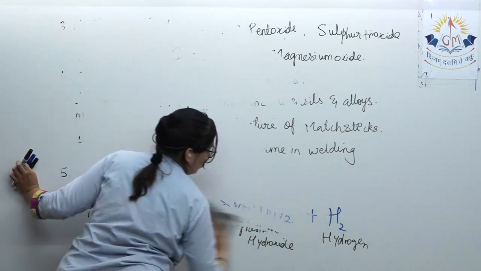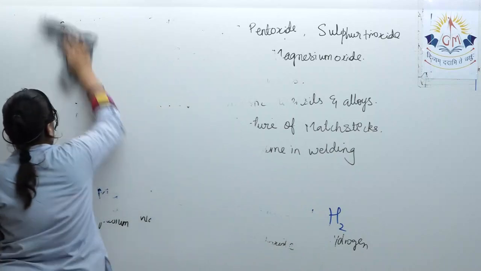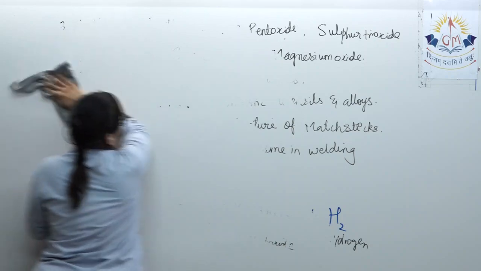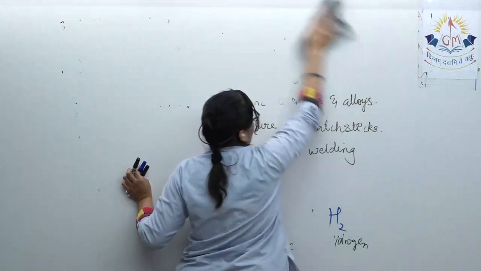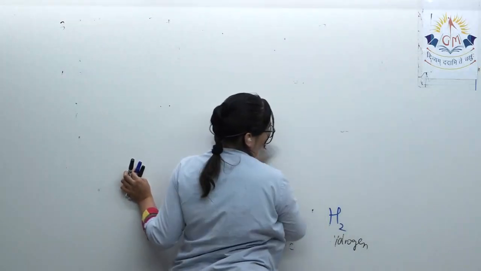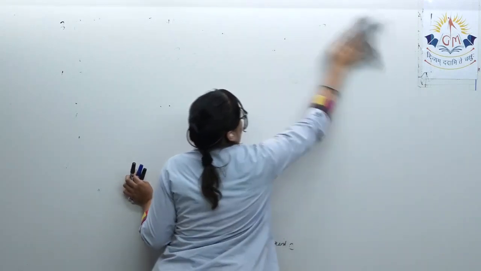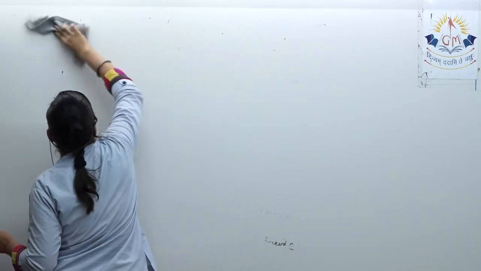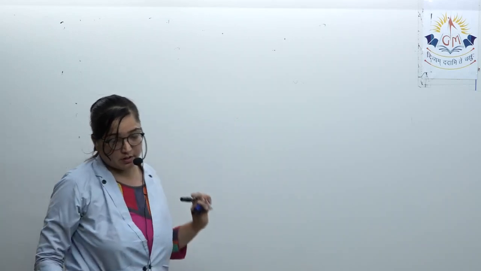So I hope you have noted it. Moving further on, the next particular question, third question, that is long answer type. In that, the very first one, mention some physical properties of metals.